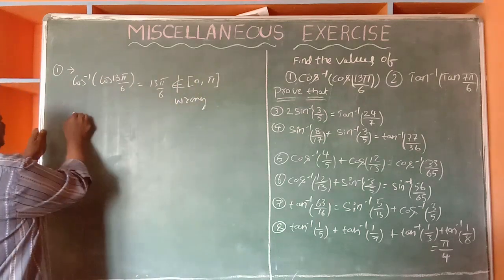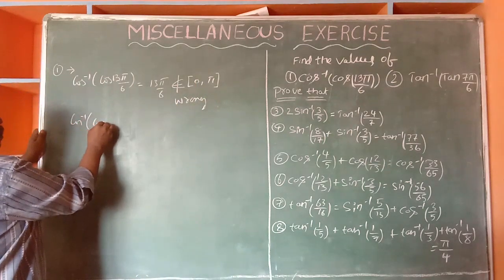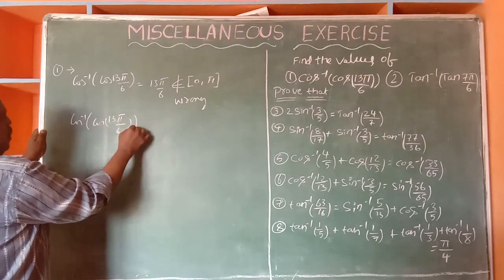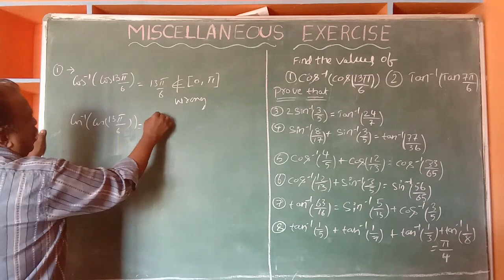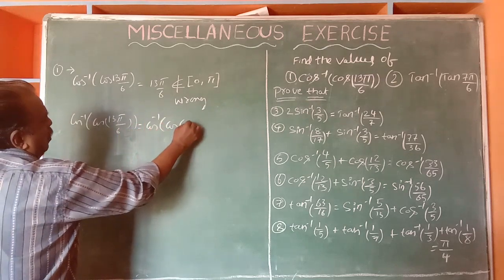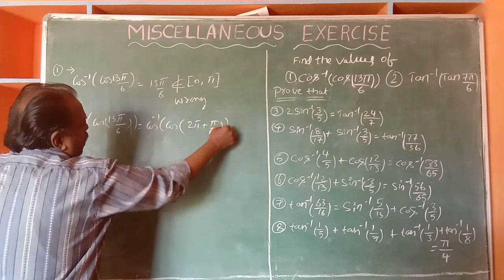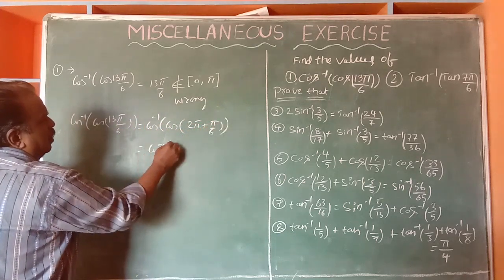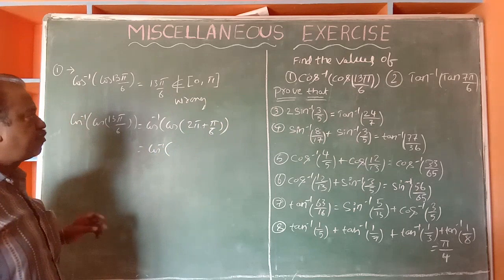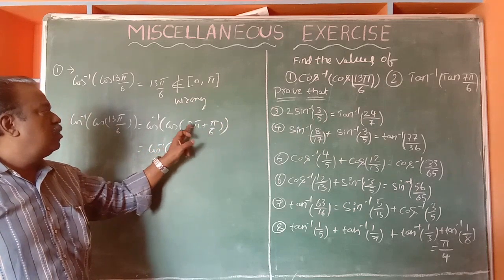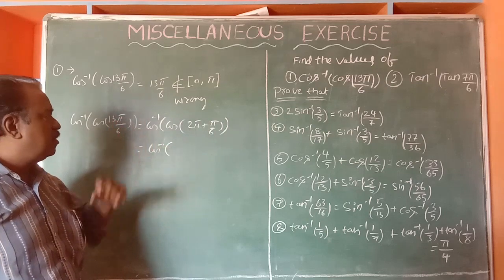Okay now, which is correct? Cos inverse of cos 13 pi by 6 can be written as cos inverse of cos of 2 pi plus pi by 6. The LCM is 6: 12 pi plus pi, 13 pi by 6.